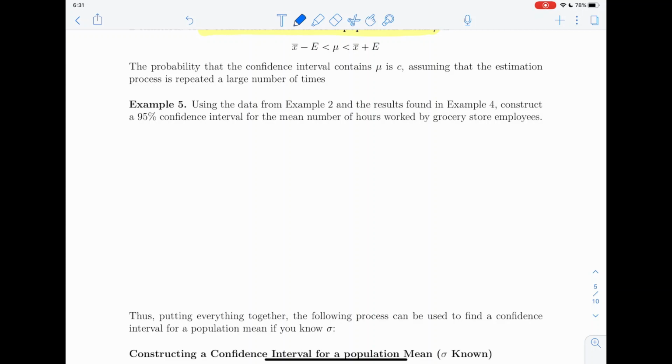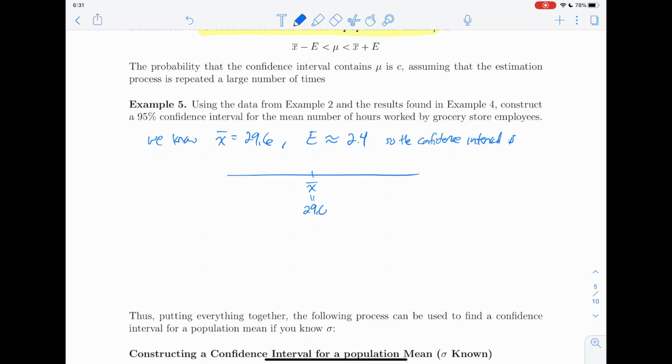So what we saw before is that we know X bar is equal to 29.6, and we know that E was taken to be approximately 2.4. So the confidence interval is going to be, well, let's draw a real number line.